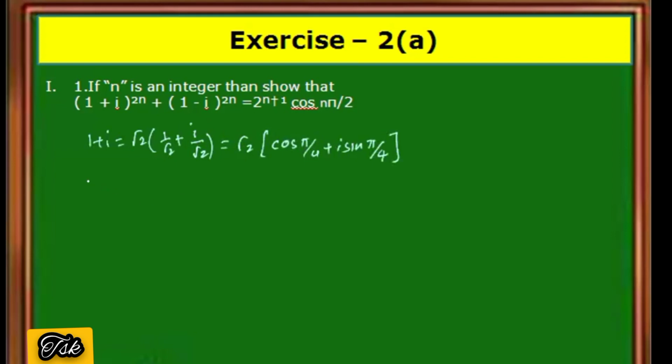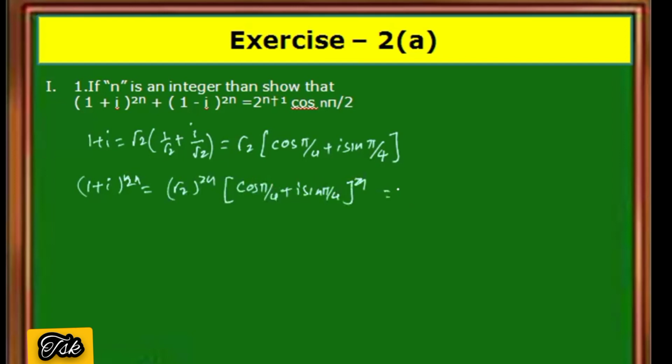Right? And (1 plus i) whole to the power of 2n is root 2 whole to the power of 2n into (cos pi by 4 plus i sin pi by 4) whole to the power of 2n.